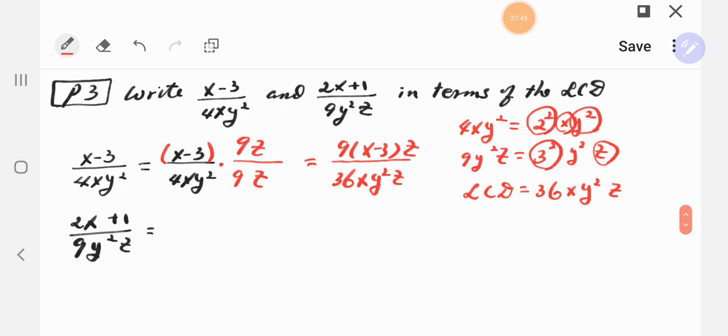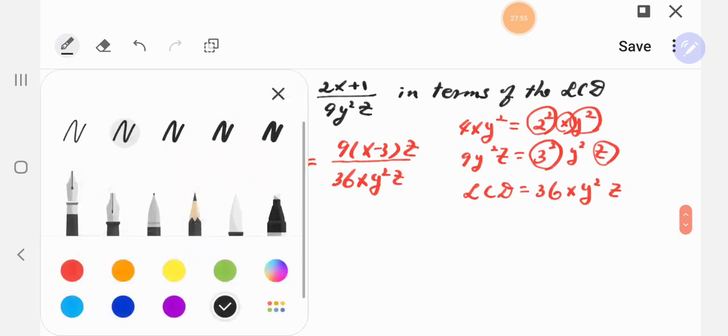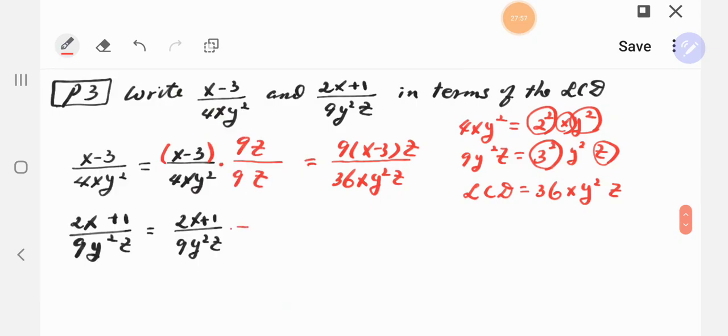Okay, let's write the second fraction. So this is 2x plus 1 over 9y squared z. So we're going to multiply this by something so that the denominator will be the LCD, 36 x y squared z. So let's find the factor. 9 times what is 36? 4, right? 9 times 4 is 36.